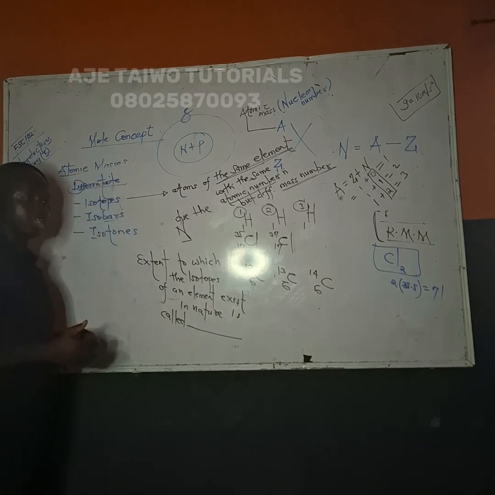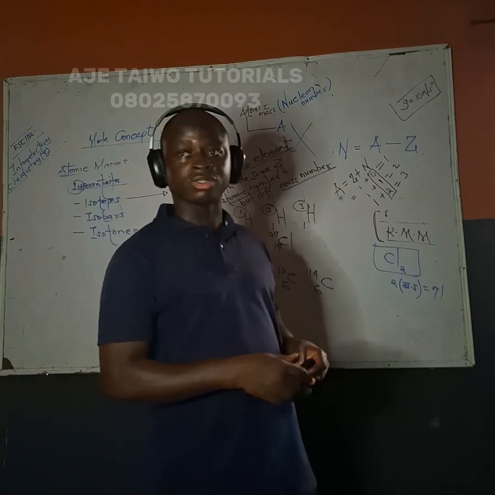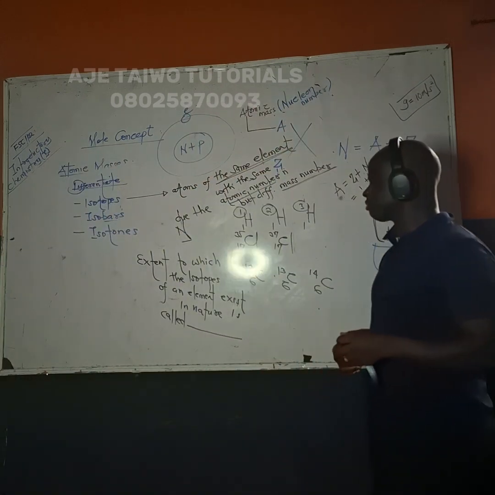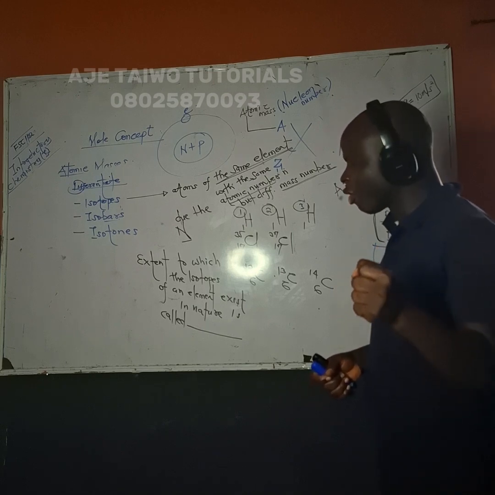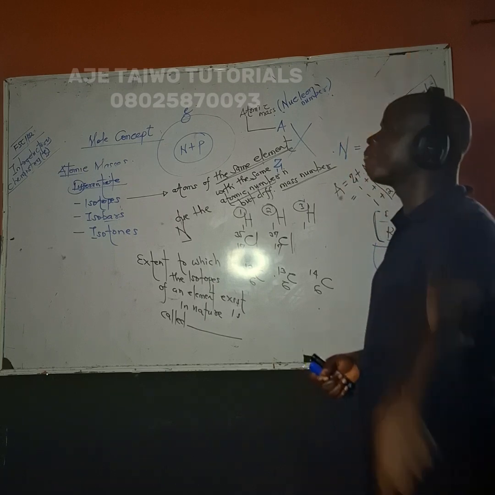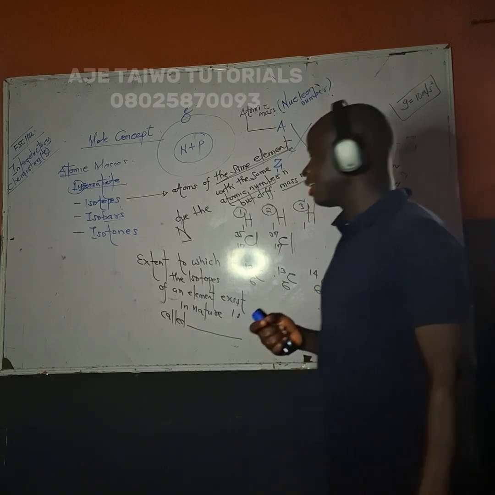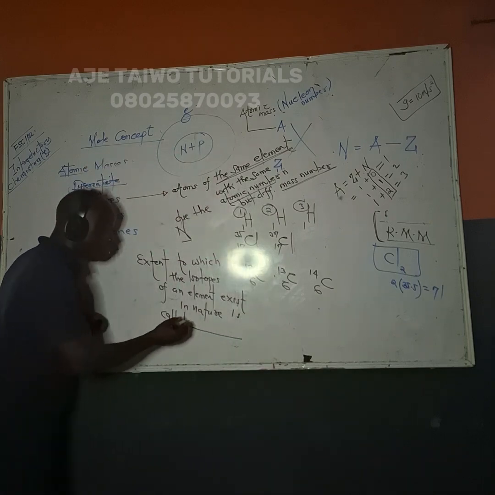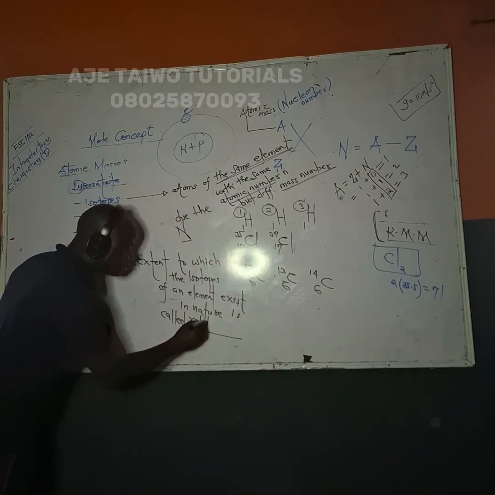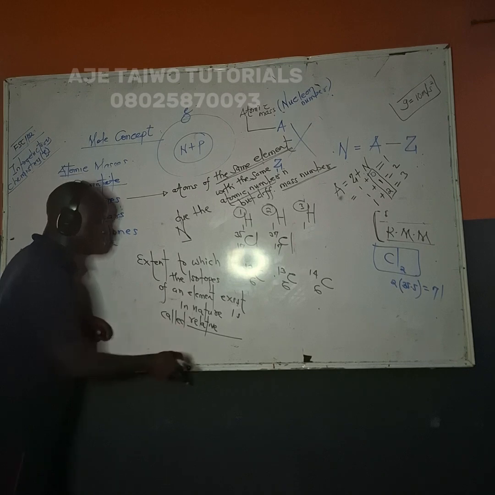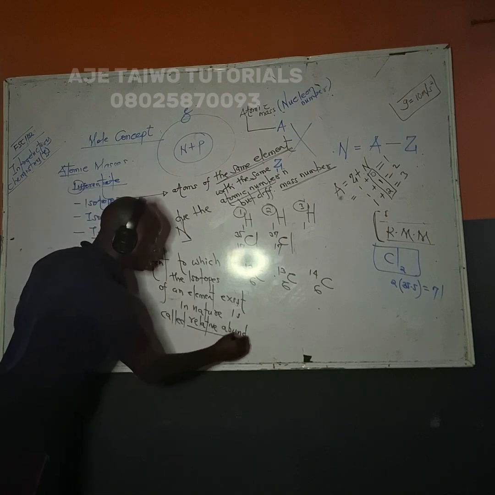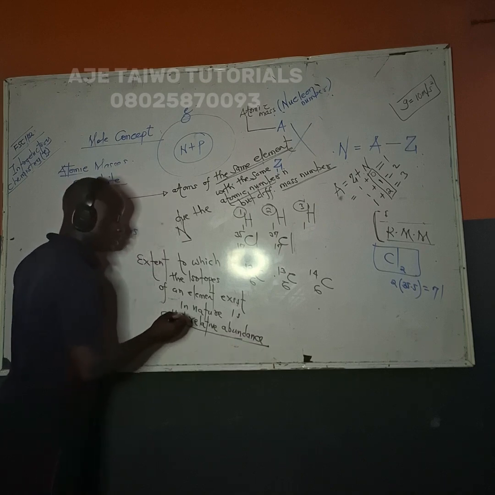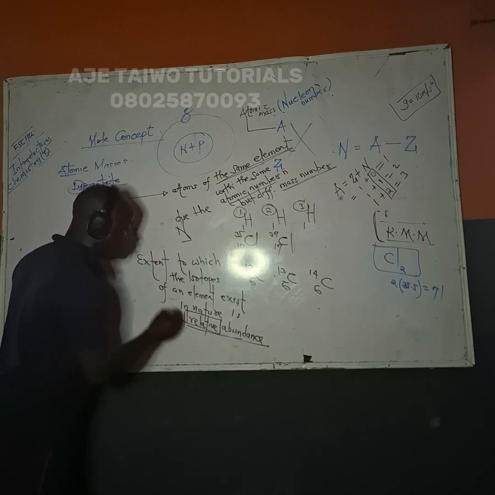Who can fill it? No. Relative abundance. The extent to which isotopes of elements exist in nature is called relative abundance. Don't say abundance, say relative abundance.